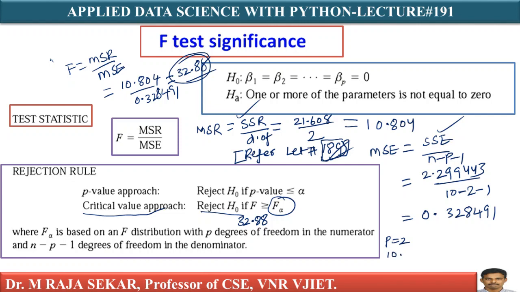N is 10, p is 2, so n minus p minus 1 is 7. In the numerator I have 2 degrees of freedom, nu1, and in the denominator 7 degrees of freedom. Let me assume my level of significance alpha equal to 5%.